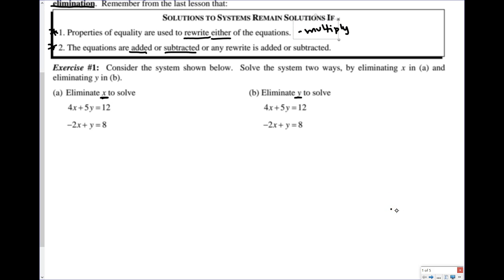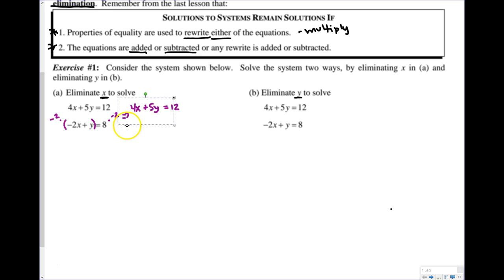To eliminate x, here are my x's in this column, and I need them to have opposite coefficients. So I have to think, can I somehow turn a negative 2 into a negative 4? I can, by multiplying both sides by 2. Sorry, I made a mistake, I should be multiplying by positive 2, not negative 2. The top equation stays the same: 4x plus 5y equals 12.